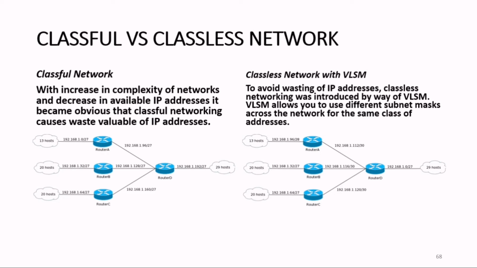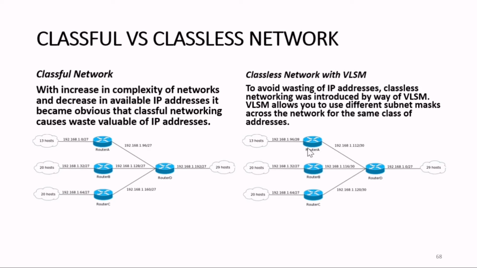However, if one local network only has a few hosts required, for example 10 or 20 computers inside this local network, it's a waste of IP addresses if you use class C. So that's why we go to the classless network using VLSM, variable length subnet mask, where we can use different subnet masks across the network for the same class of addresses.